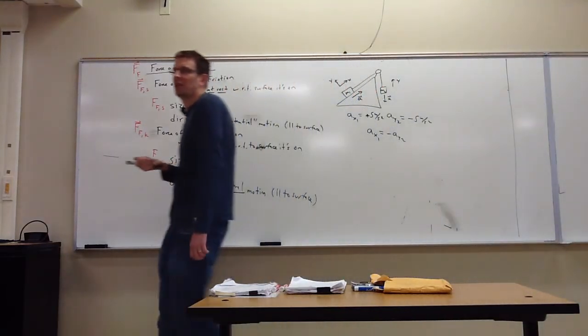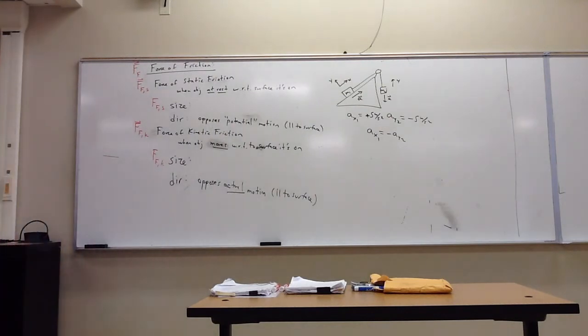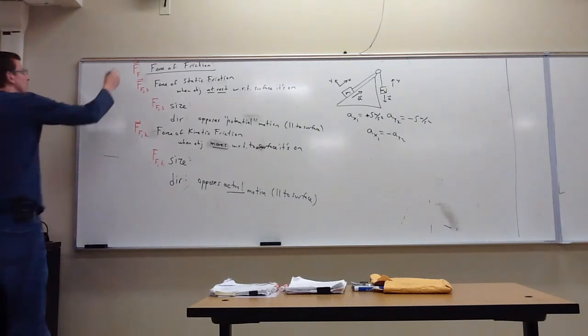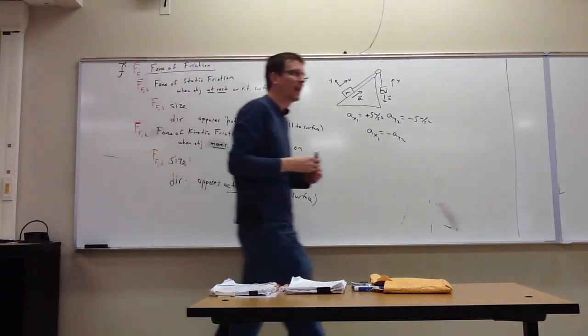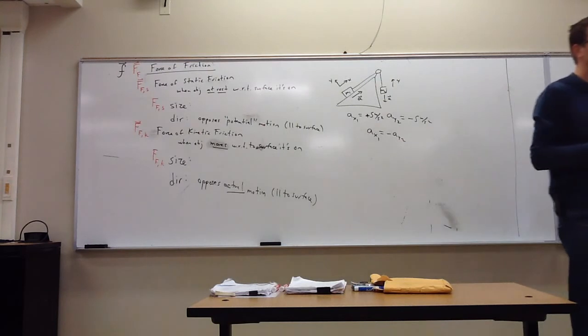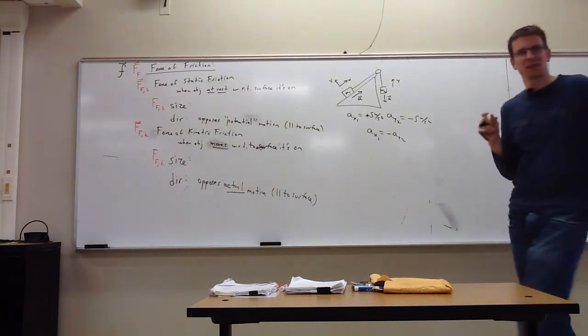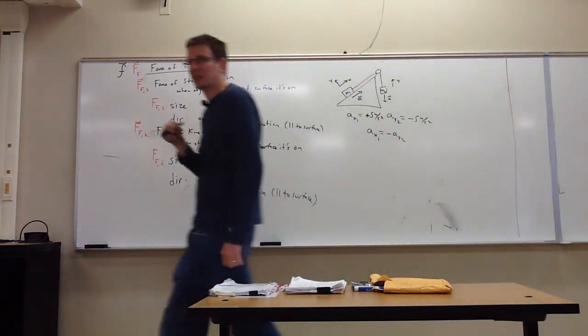There's another common notation, probably more common than this. I don't know where I got this weird idiosyncratic thing, but I've been using it a long time. Sometimes for friction, just to save a letter, they'll write friction like this. So instead of a capital F, it's like a lowercase cursive f. And that means not just any force, but the force of friction specifically.